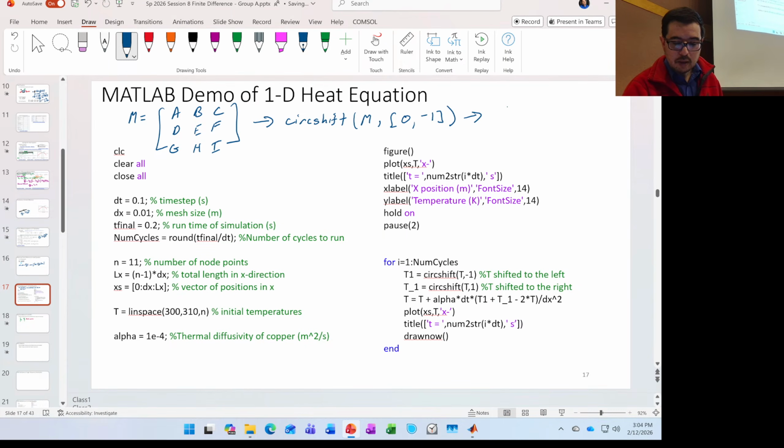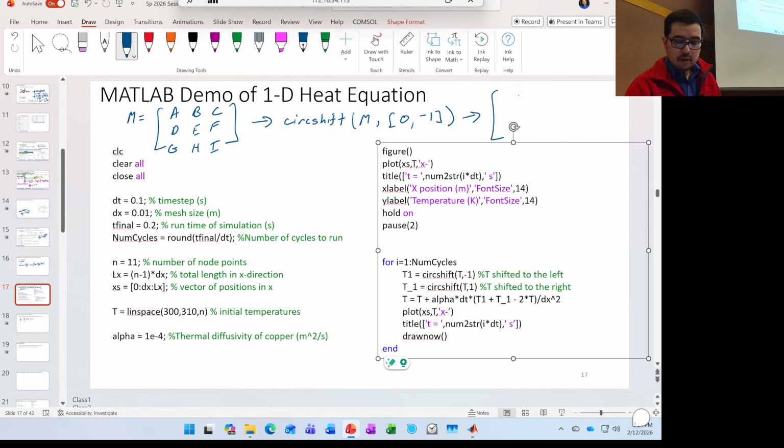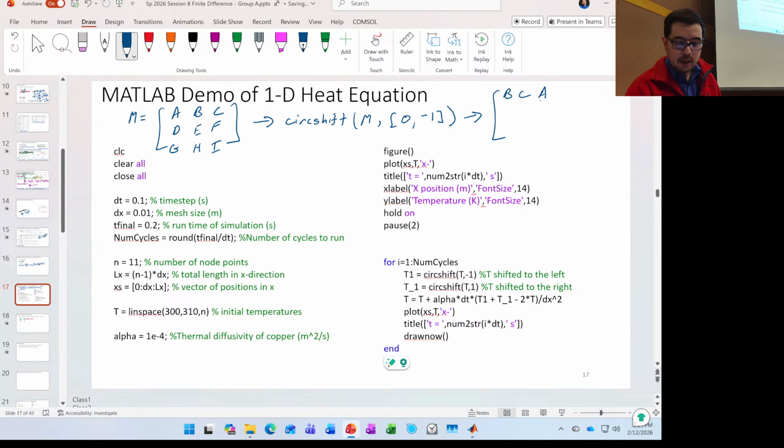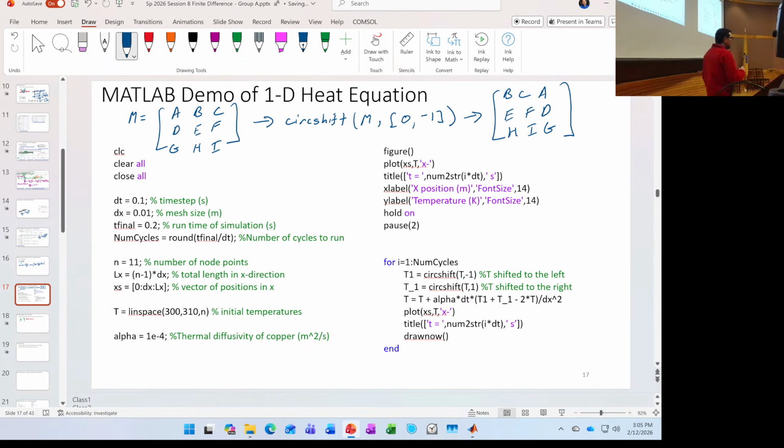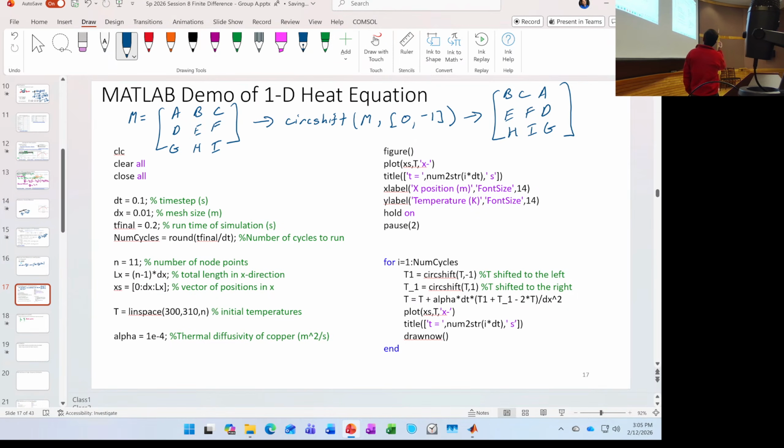This will then give me B, C, A, E, F, D, H, I, G. Okay, do you see this? So all the values in the columns have moved one to the left. And if it was going to get kicked out of the matrix, it gets circled back to the other side.